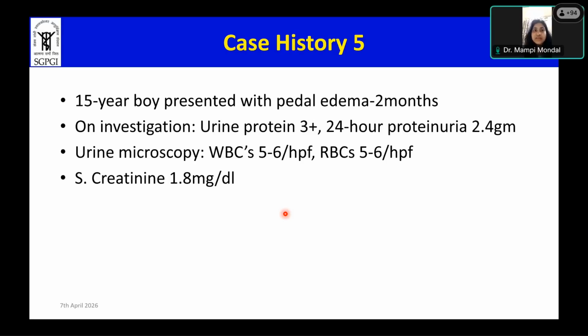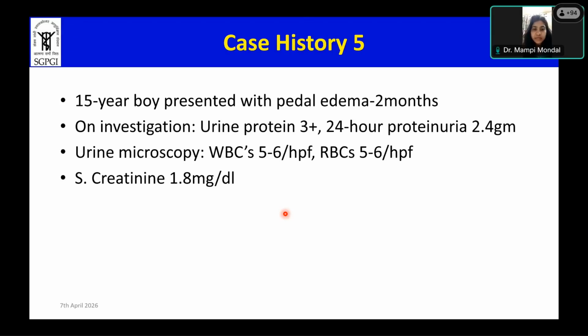So we can see there is pedal edema, but it is not severe proteinuria. It is 2.4 gram. Urine microscopy shows there is hematuria of more than 5 per high power field.